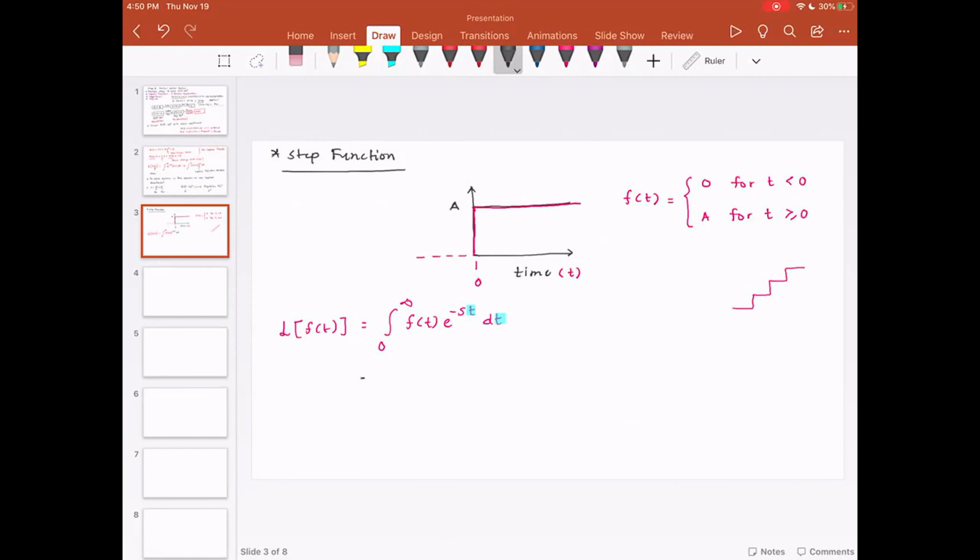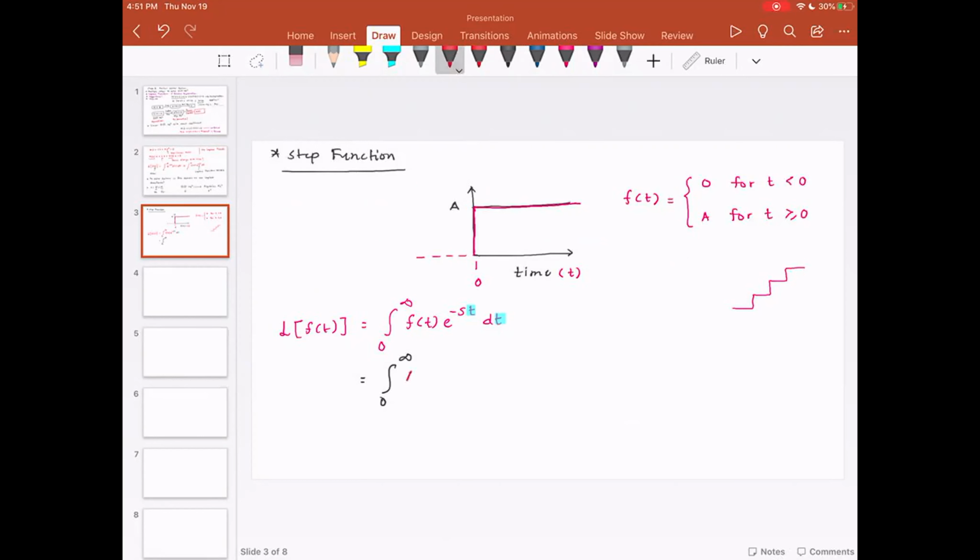So check this out. The Laplace transform is the integral from 0 to infinity, and I need to write this function down here. This function is 0 when time t is less than 0, so it doesn't appear because our domain is from 0 to infinity.